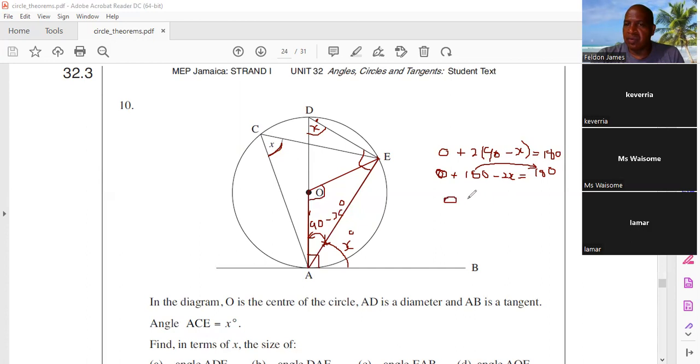So you have O minus 2x will be equal to 0. So O, remember this is O, guys, not 0, guys. So O would be equal to 2x. So this angle here is actually 2x.